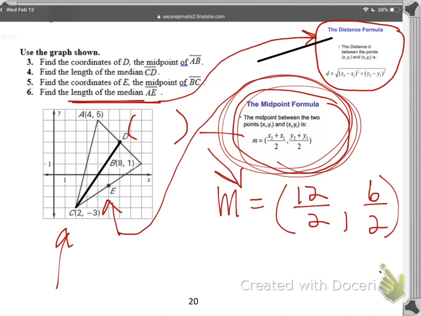If I start here and draw down to E, that's my median. They want to know that length. You use the distance formula. Okay, so I'm not doing the work for you, but I'm giving you a very good hint as to how to set it up. Okay, let's look at the next page of the homework.